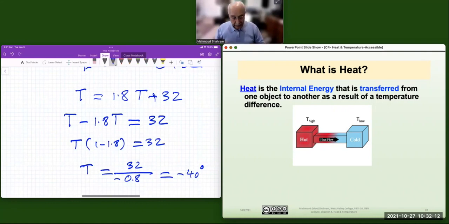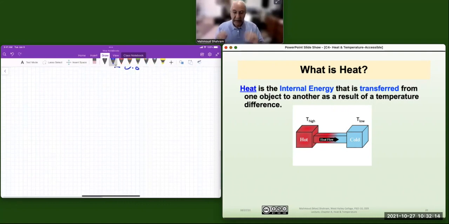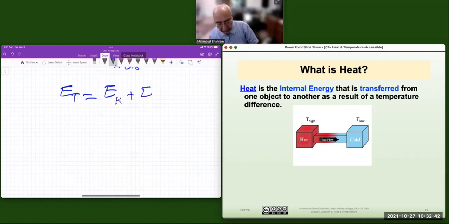Now, bear in mind, kinetic energy has to do with just motion. There is also potential energy between these molecules. Total energy E total would be the kinetic energy plus the potential energy, and that whole thing is called internal energy.